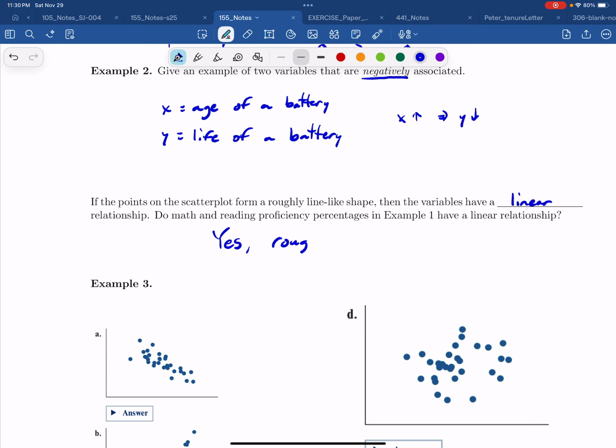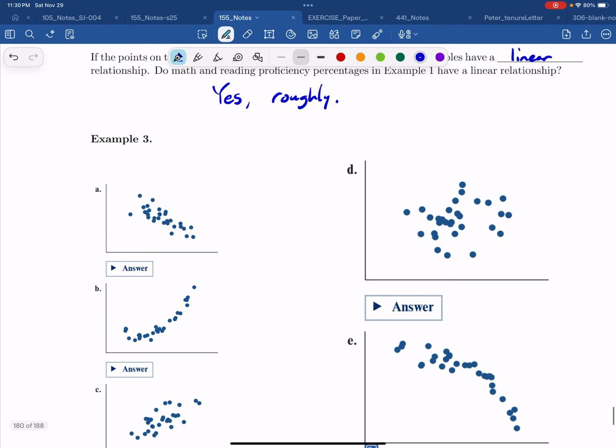Again, roughly. You're never going to get a perfect linear relationship. In real life, you almost never get a perfect linear relationship, but you get a relationship. So in each of these cases, let's see whether the relationship is positive or negative or non-existent. And if it is positive or negative, let's see whether it's linear or not.